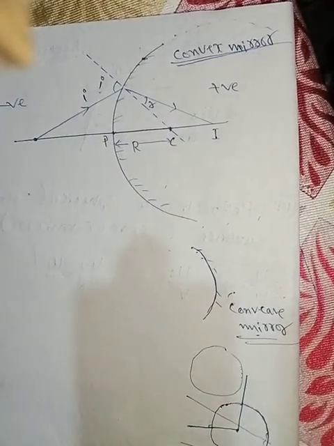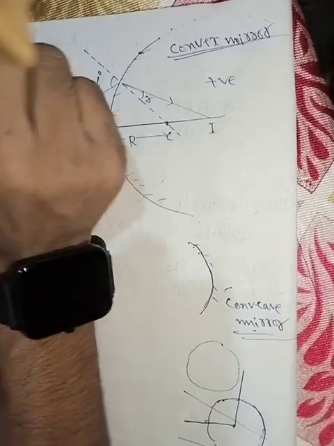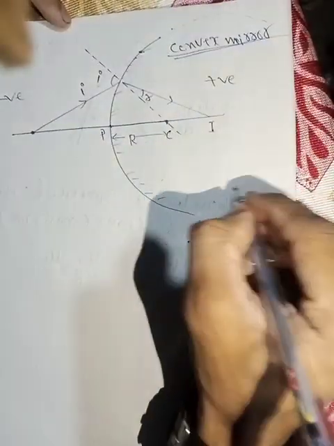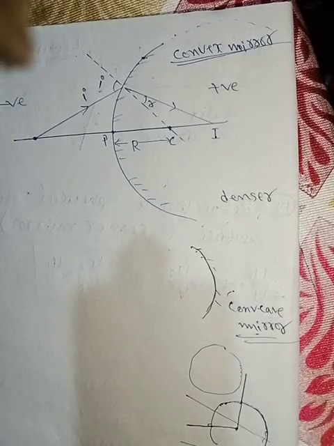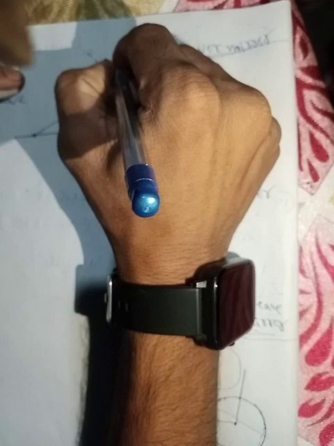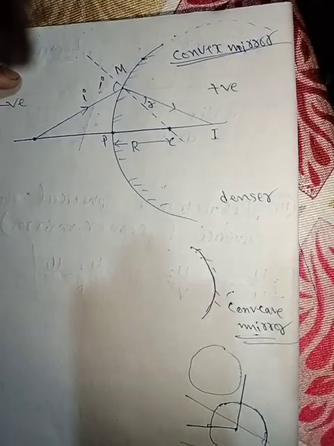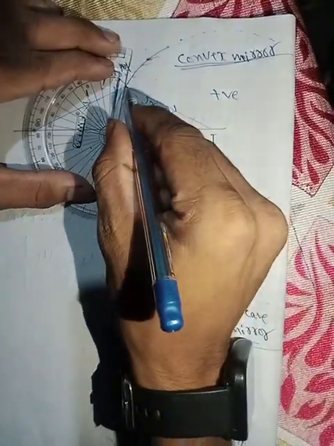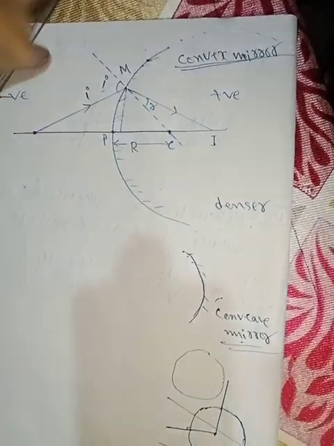Understood? Okay, let's say this is a rarer medium, and this is a denser medium. This point we can call M. For this you need to draw a normal to the principal axis.